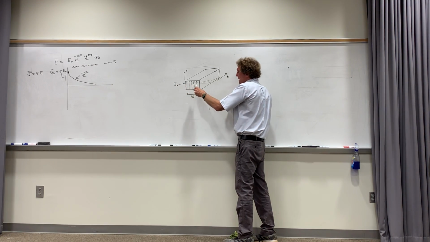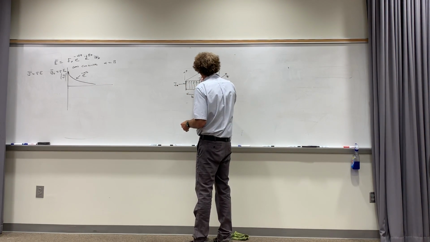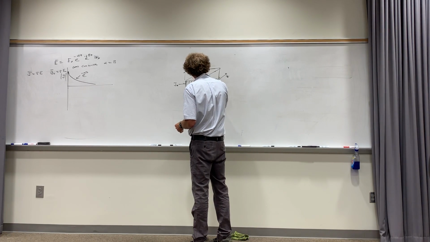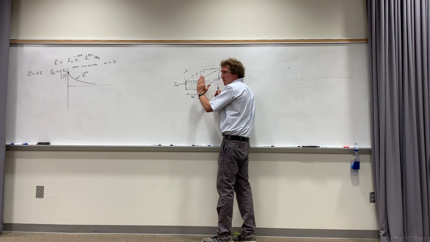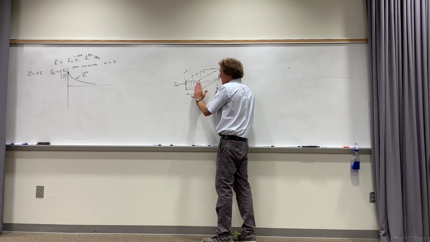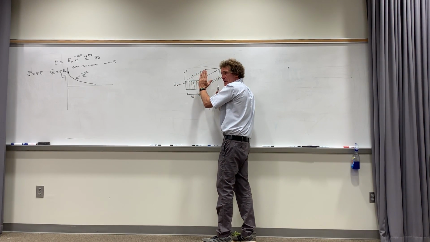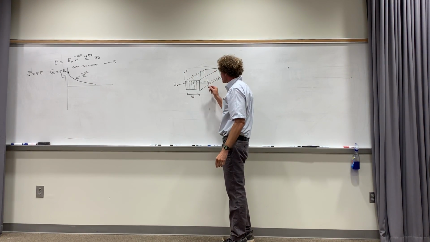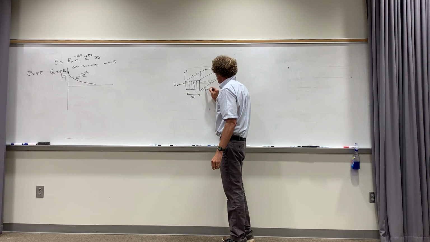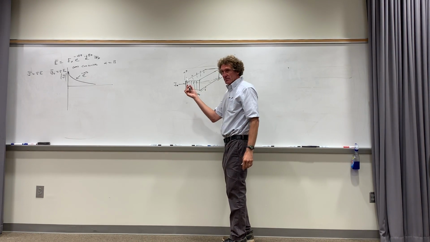And if I wanted to find the total amount of current that was flowing through this upper surface right here, the thing's decaying down there, but it's uniformly decaying. It's not a function of the vertical position. Follow me on this? And it's not a function of the horizontal as far as the value. It's only a function of the depth into the material, Z, as far as the value of J.